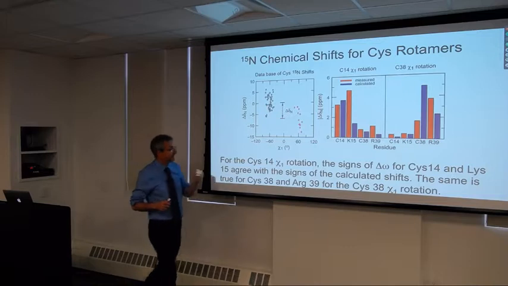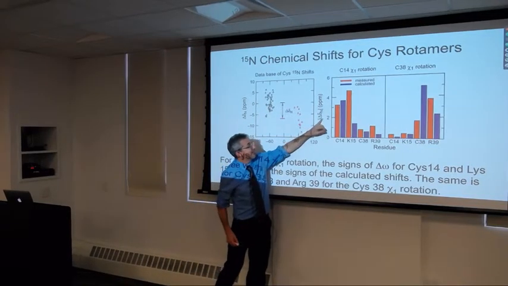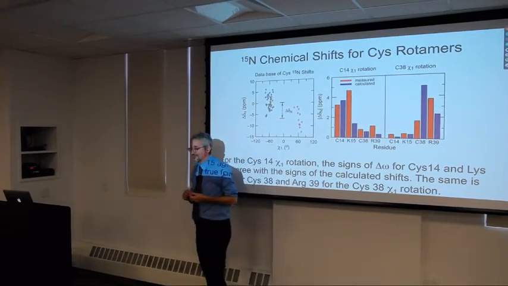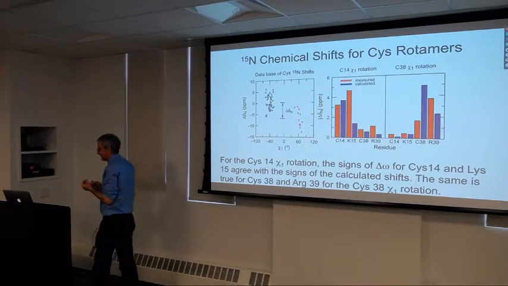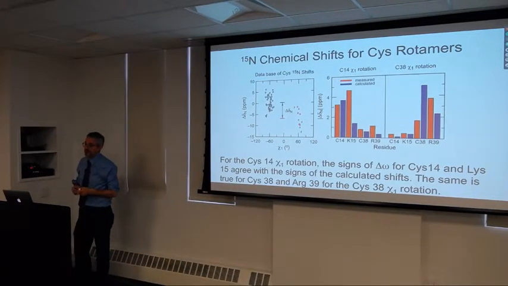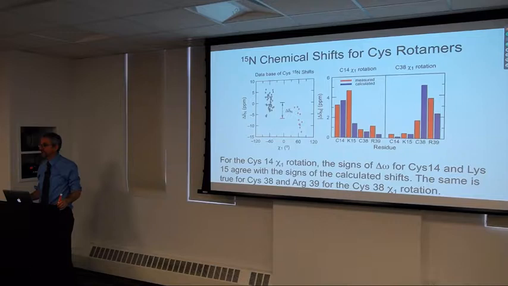Notice one thing, however, and that's that I have the absolute value here. The equations for the CPMG experiment all end up depending on delta omega squared. So the CPMG experiment doesn't tell you the sign of delta omega, only its magnitude.